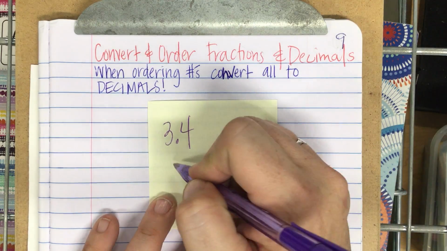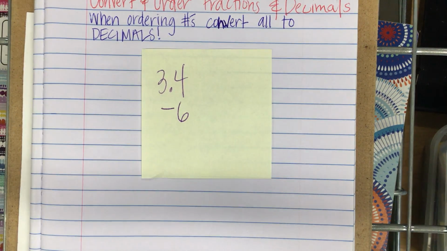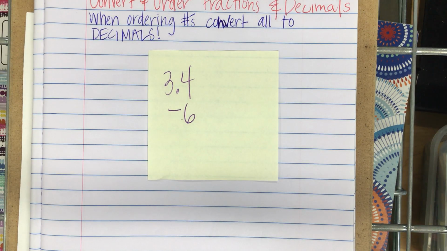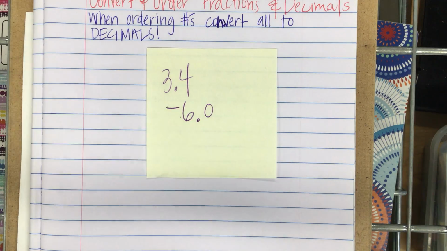If I gave you this number, could you convert that number, this one right here, to a decimal? I think you can. Landon, how do you do it? You just put a decimal behind the 6 and you add a 0. Yeah, it's a decimal, right? We just don't say that it's negative 6.0 because negative 6.0 is the same as negative 6, right?